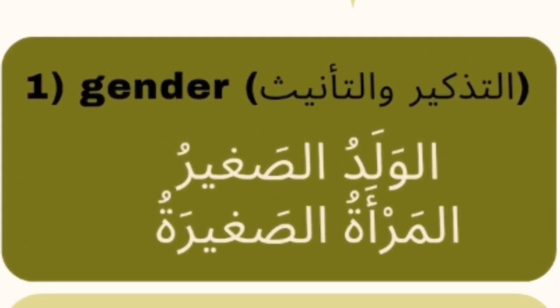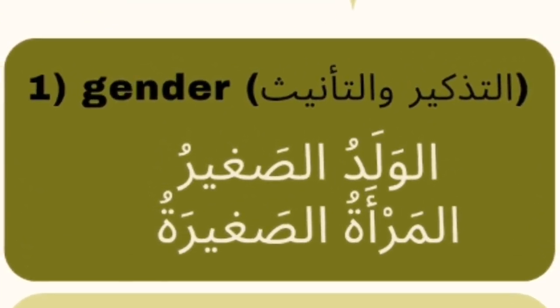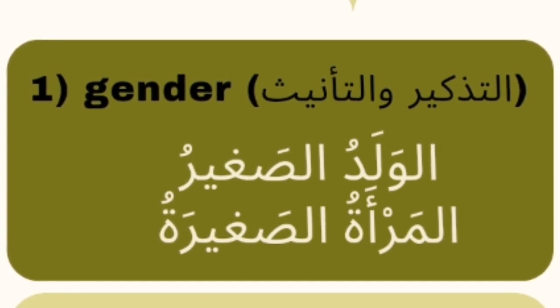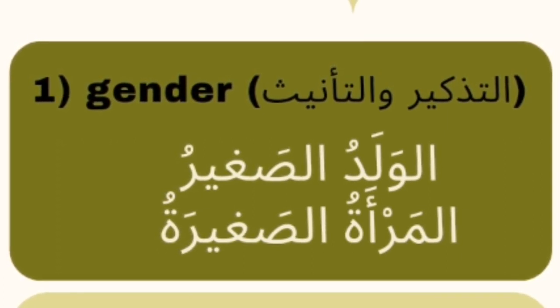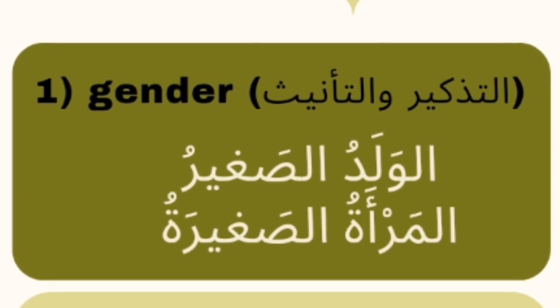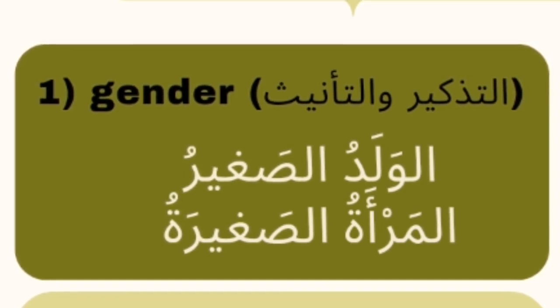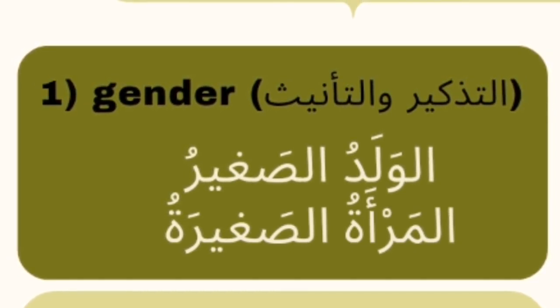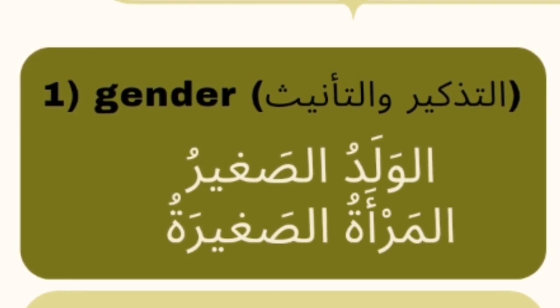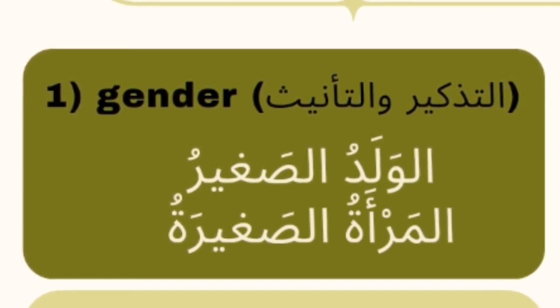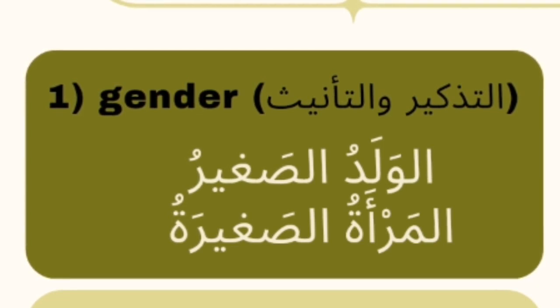Starting with gender, At-Tadhkir wa Ta'anis. In the examples, Al-Waladu Saghiru, Al-Mar'atu Saghiratu. Ta marbuta defines the feminine form of a word. So when the first word has a ta marbuta, the second should also be feminine with a ta marbuta.